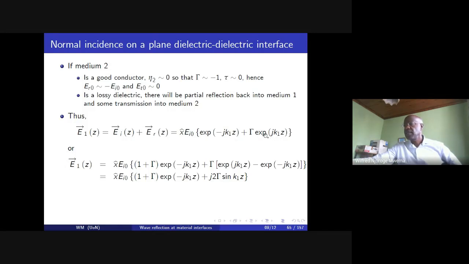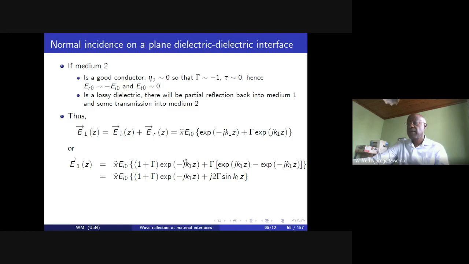This shows a wave that is traveling in the minus z direction. And therefore, once we look at it this way, we can see that if I multiply this one by gamma and subtract it, I can always get a value for the transmitted and reflected wave component. And this is what we have done.